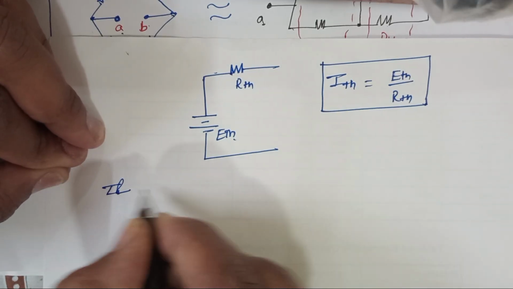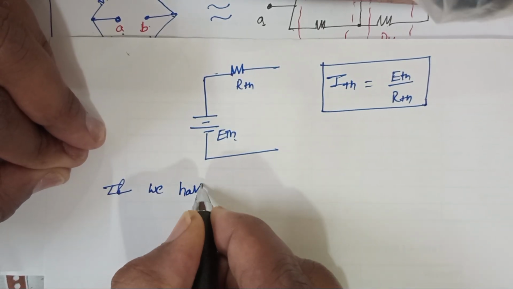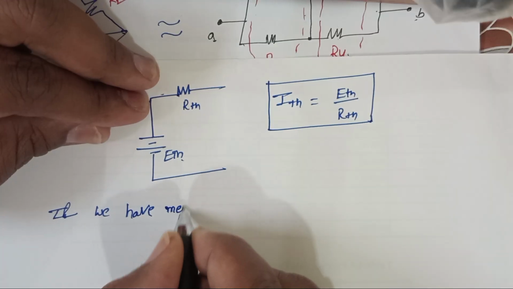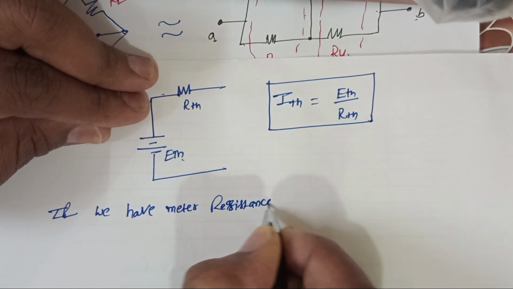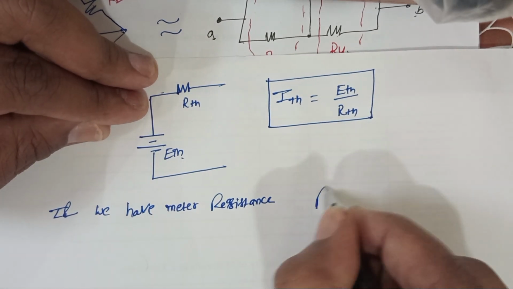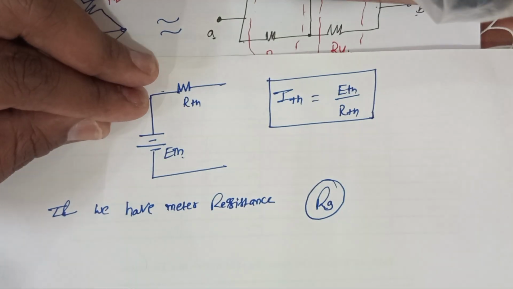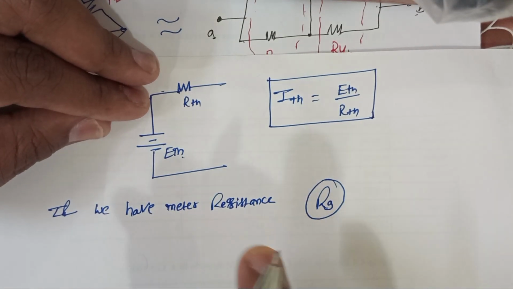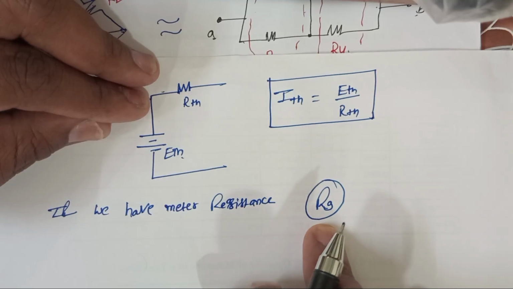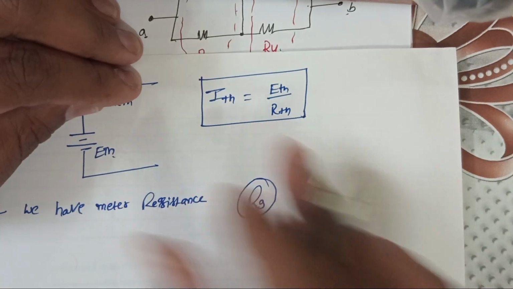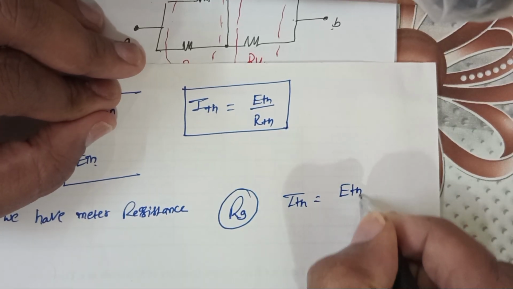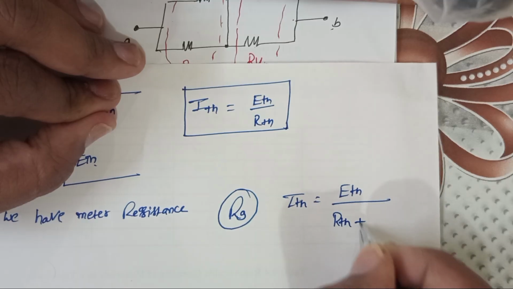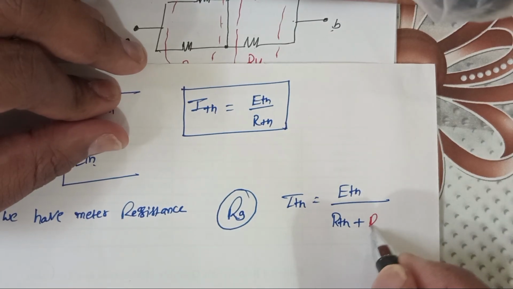For example, if we have meter resistance, meaning galvanometer resistance Rg, then this formula can be written as ITH is equal to ETH by RTH plus Rg.